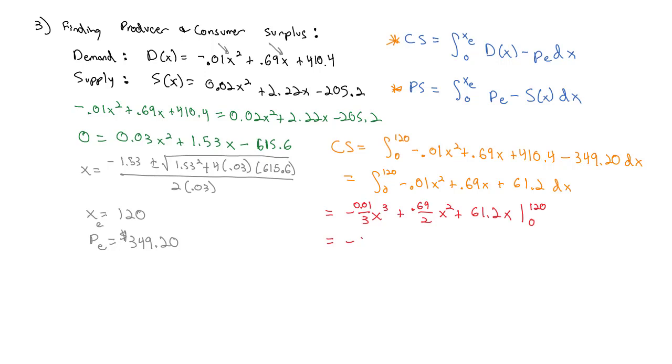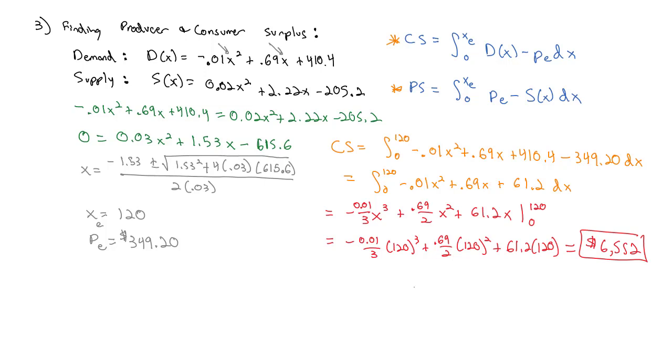If I plug 120 in, we get negative 0.01 over 3 times 120 cubed plus 0.69 over 2 times 120 squared plus 61.2 times 120. And then technically, we need to subtract what we get when we plug 0 into everything. But you'll notice that all of that's going to just be 0 times stuff and equals 0. So I just have to plug this into my calculator. That's going to give me a total consumer surplus of $6,552.